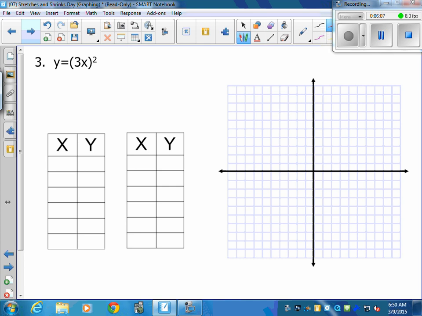Now, working with some inside operations, we can see the 3 is inside the parent function, or the parentheses. Insides are horizontal. Horizontals, we don't trust what we see. So instead of a stretch, which multiplying by 3 would be, this is going to be a horizontal shrink, and then we always look at the reciprocal value.